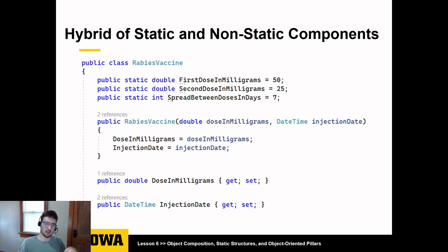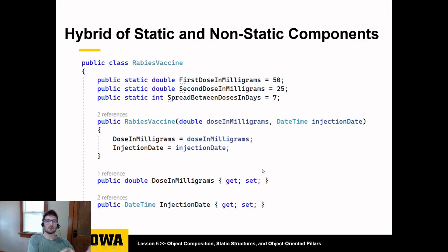So there's a recommended first dose in milligrams. These numbers are made up. I don't know if they're accurate or not. There's a recommended quantity to put in the first dose of a rabies vaccine, and a recommended quantity for the second dose. And there should be a recommended spread between when you administer the first shot and the booster shot.